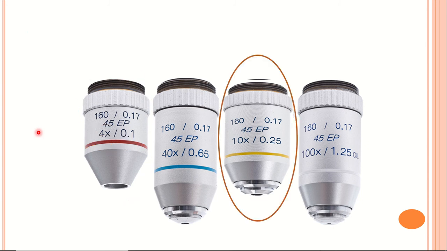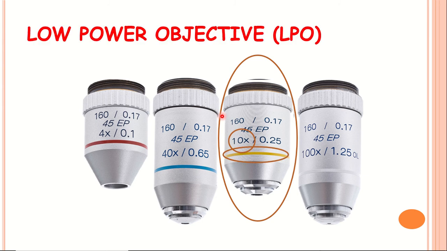Next, this objective also has a short size similar to the scanner, with 10X magnification and yellow color. This is what we call the low power objective, or LPO.